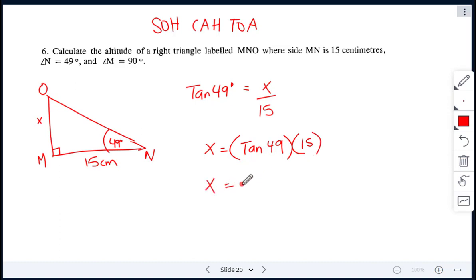Put that into your calculators. Tan 49 times 15, and we're just going to round to the nearest tenth, so 17.3 centimeters. All right, that is the altitude of that triangle.